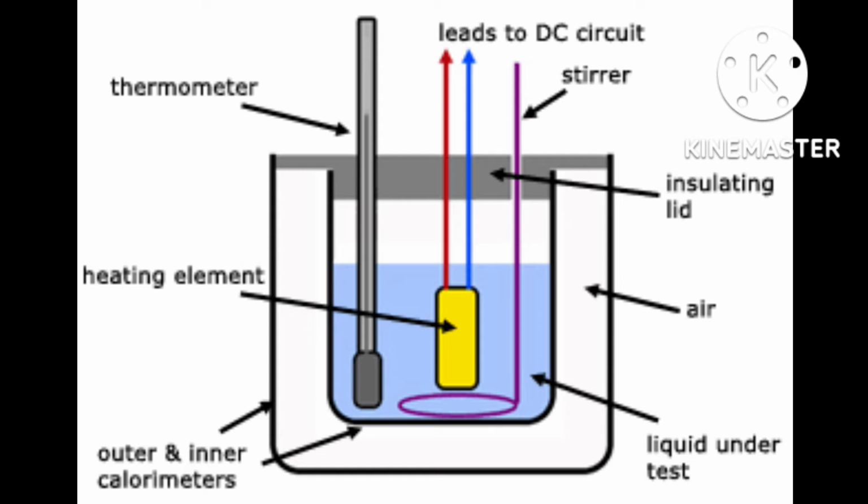Suppose you are going to do a delta U measurement, change in internal energy. For a chemical reaction, heat absorbed at constant volume is measured in a bomb calorimeter, B-O-M-B. This is made from steel.